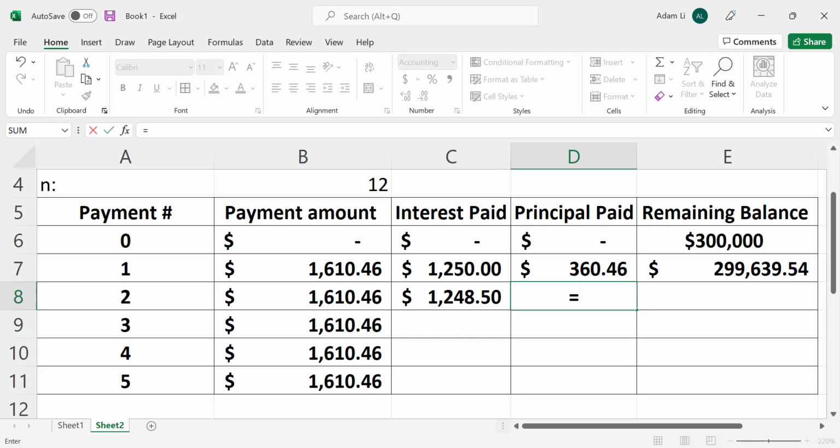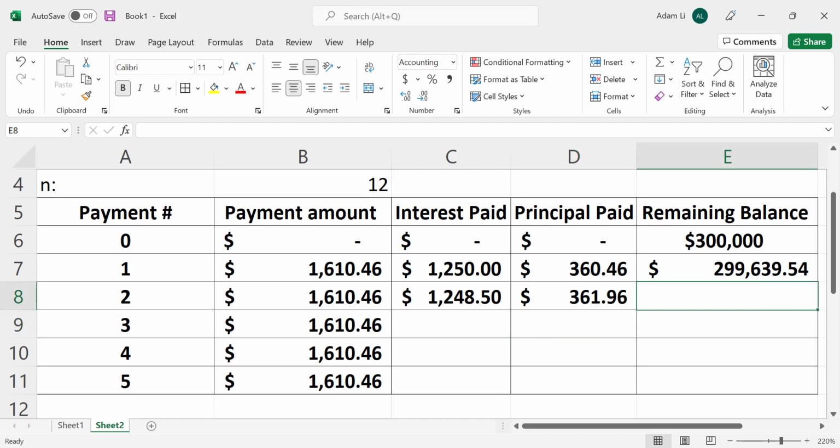As you can see, interest paid goes down, meaning principal paid will go up. So this is $1,610.46 minus $1,248.50. Okay, so we get $361.96, and this principal paid is used to reduce the remaining balance.